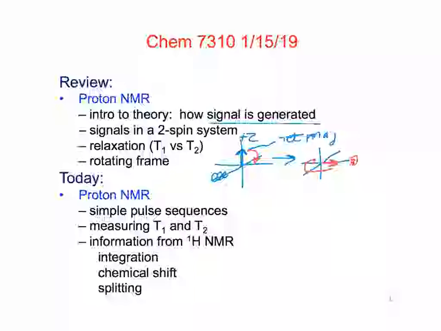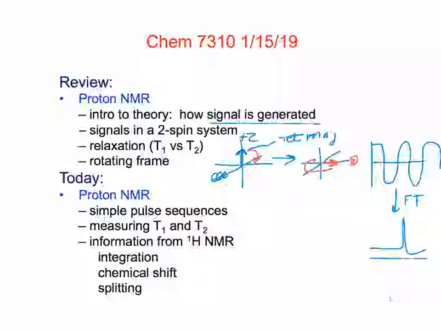And so it would oscillate. And so from that we get this graph like this. If we take the Fourier transform of that, you get a peak that's at the frequency at which that signal was oscillating.